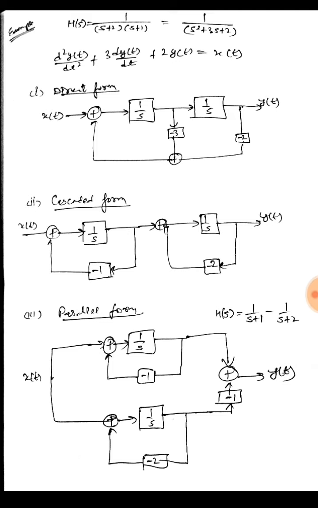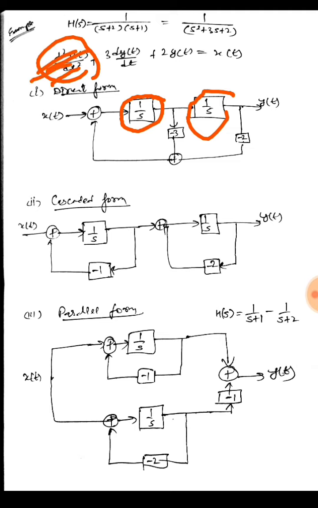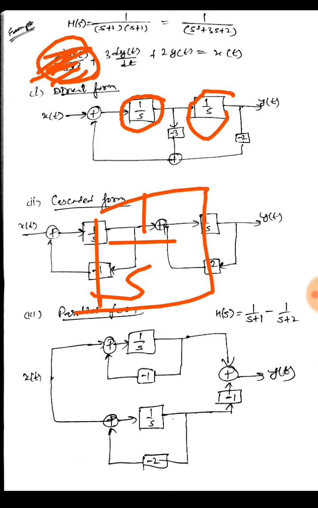In this, I can see that it is a second order differential equation, so I would put two blocks. These two blocks would represent a second order system. If I didn't have this term, I would have only one block for dy(t) by dt, that is 1 upon s.